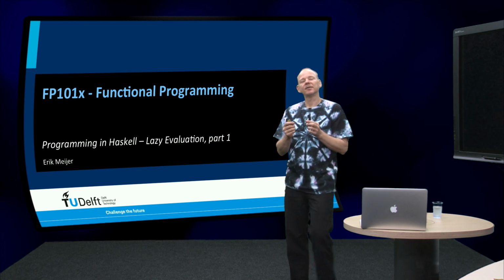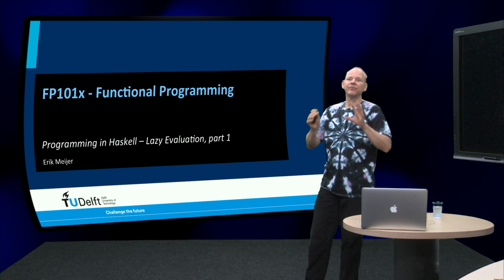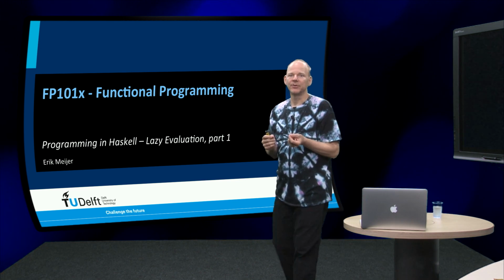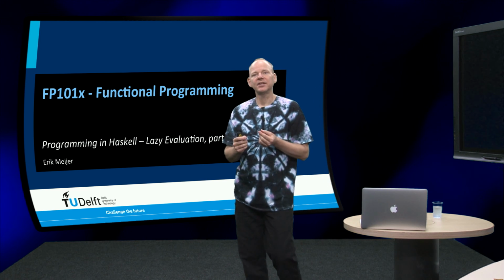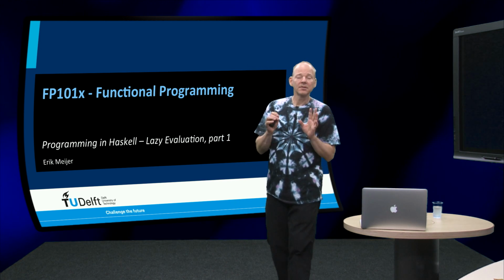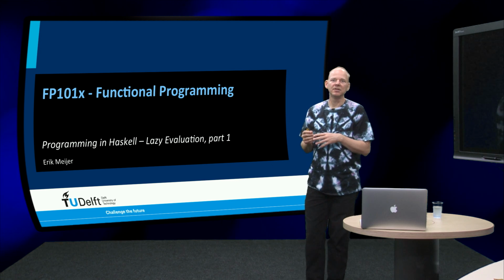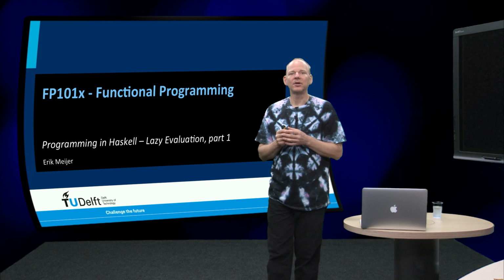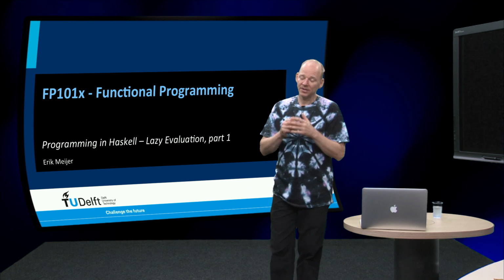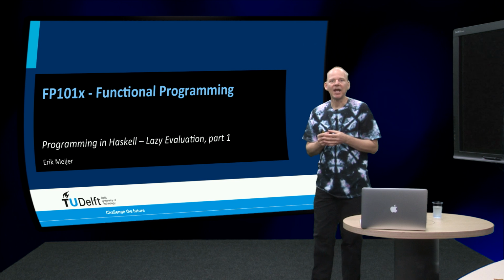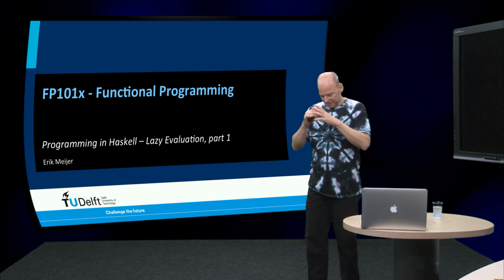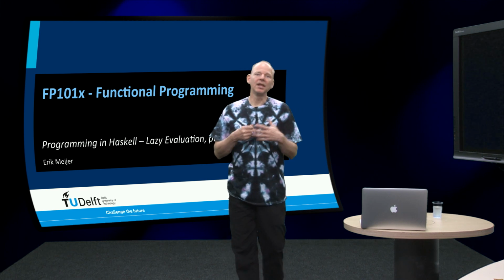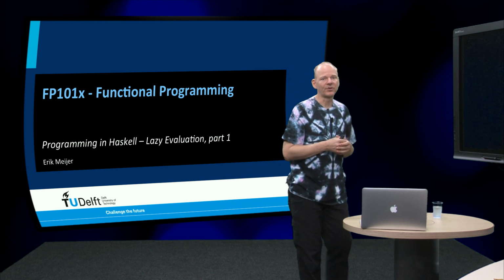There's one thing that we have kind of waved our hands about, and that is lazy evaluation. Lazy evaluation is also something that is kind of unique to Haskell. There are other languages like Scala that do have some form of lazy evaluation, but the interesting thing about Haskell is that everything uses lazy evaluation unless you make things strict.